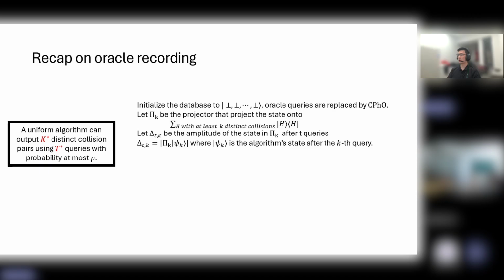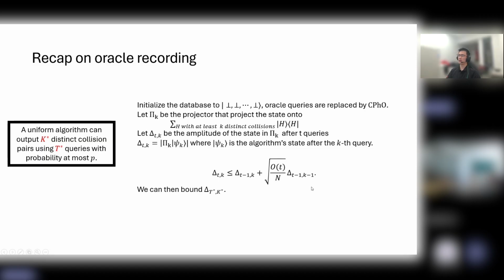And to measure the progress, we use delta_t,k as the amplitude of the state in Pi_k after t queries. In the quantum case it's not a probability, but in the classical case, you can think of this as the probability of finding k distinct collisions after you query the oracle t times. So normally what you have is this type of recursion.